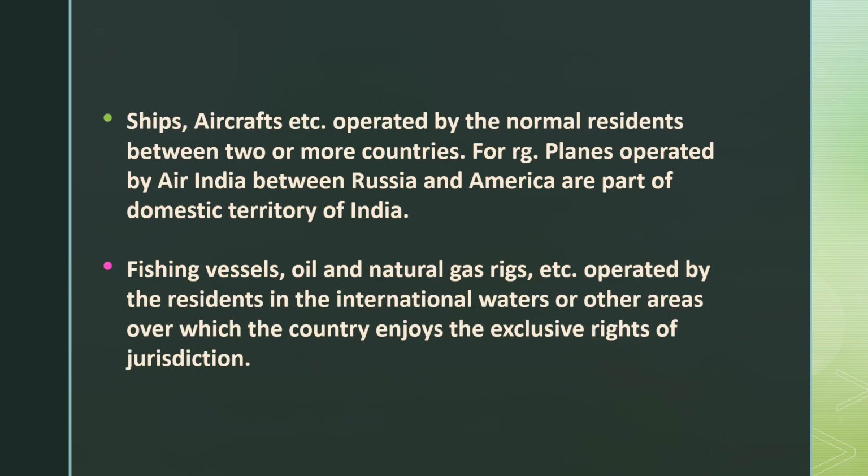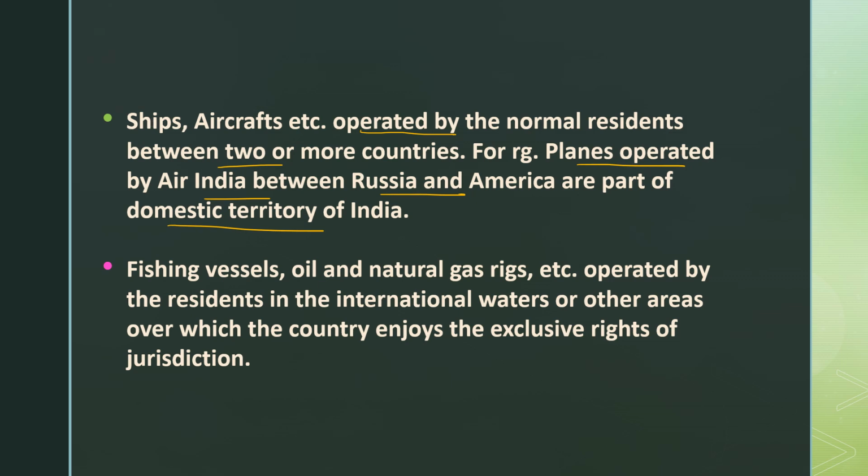Now, ships and aircraft operated by the normal residents between two or more countries are also considered as domestic territory of a country. Any ship or aircraft operated by residents of India would be included in the domestic territory of a country. For example, planes operated by Air India between Russia and America are part of the domestic territory of India. If Air India operates planes in any country, that would be considered as domestic territory of India.